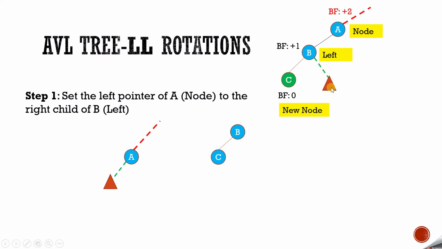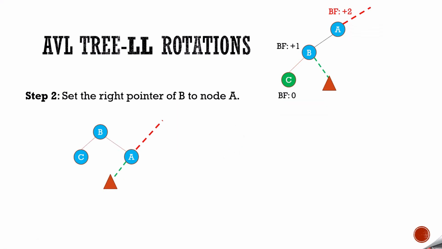So since B is pointing to that particular subtree, I have marked it as a rectangle. Now A is going to start pointing to that subtree, and this is the first step. Now what is the next step? Since B becomes free, because A has adopted that subtree pointed to by B, B's right subtree is free.